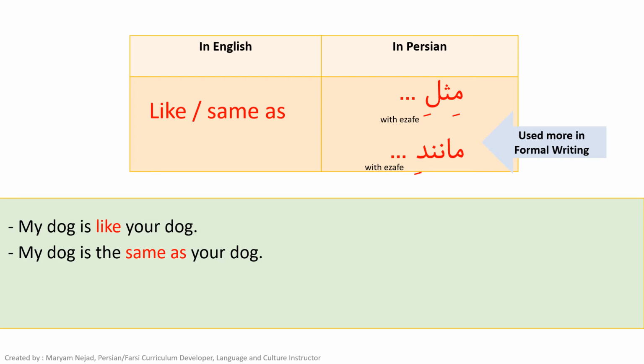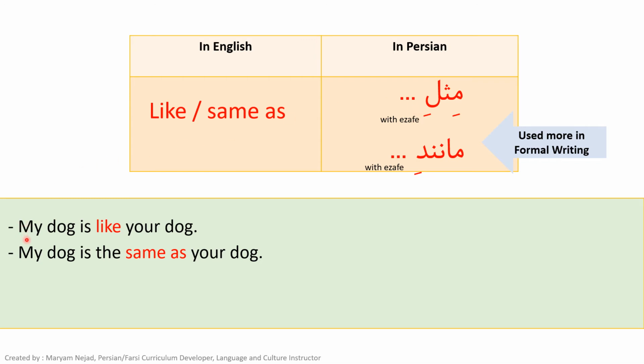Now we will be looking at comparison using like or same as, which in Farsi is مثل, again we need اضافه, or a little bit more formal, ماننده. You would see this one mostly in formal writings, but in informal spoken language we use مثل.